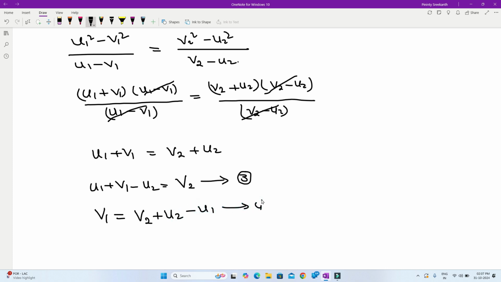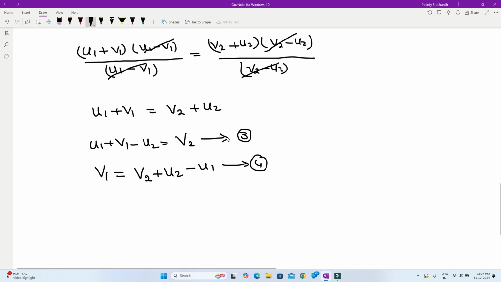This is equation number 4. By substituting equation 3 in equation 1, we get the final velocity v1, and by substituting this v1 in equation number 1, we get the final velocity of v2.